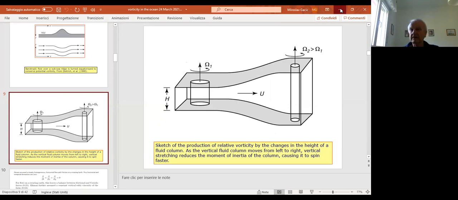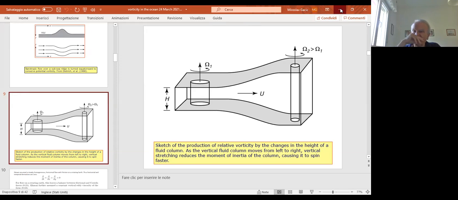I think we should stop here, because from these basic concepts and basic assumptions, which give us the Ekman layer solution, we can go on and try to interpret the global ocean circulation in terms of the influence of the wind.